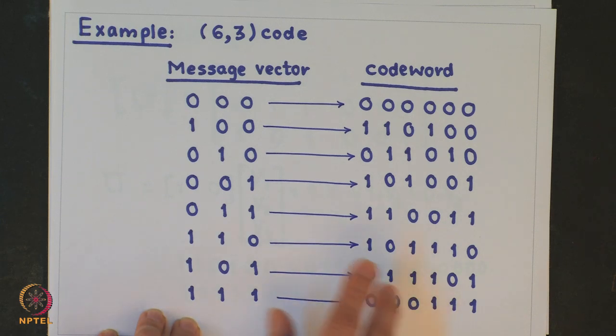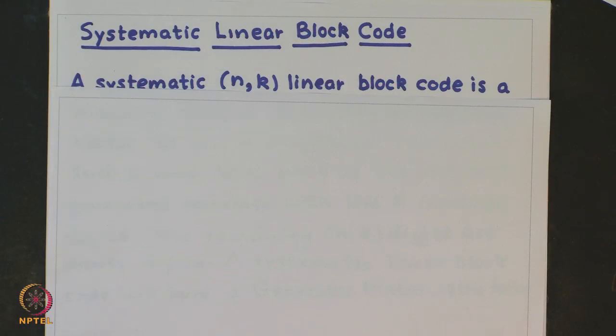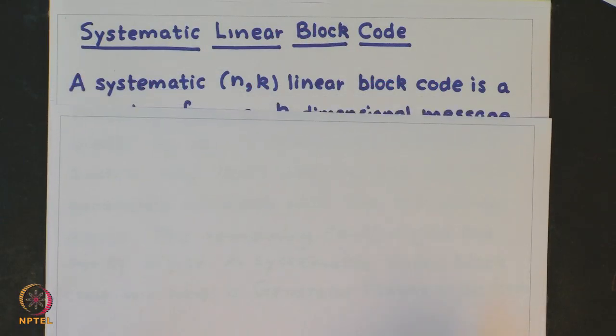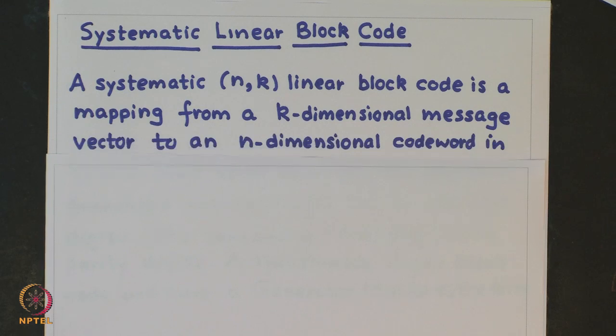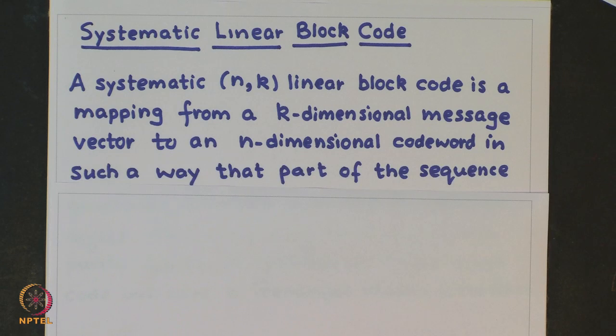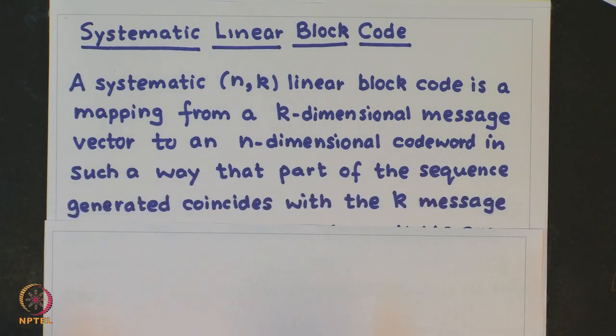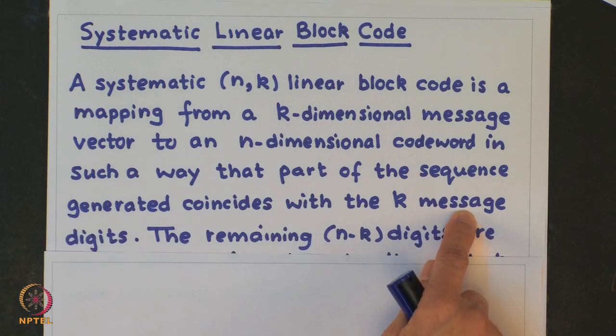Now, this kind of a linear block code is what is known as systematic linear block code. So, what is a systematic linear block code? It is a linear block code and it is a mapping from a k dimensional message vector to an n dimensional code word in such a way that part of the sequence generated coincides with the k message digits.